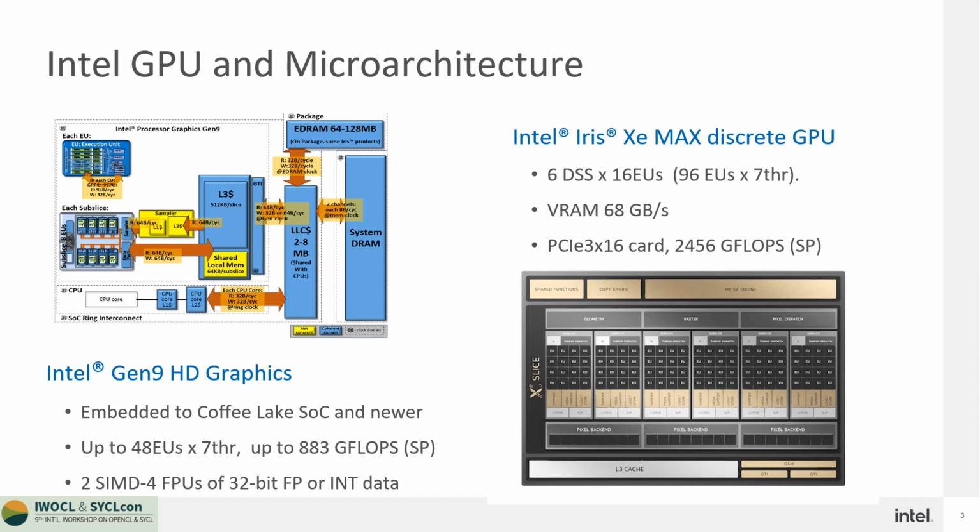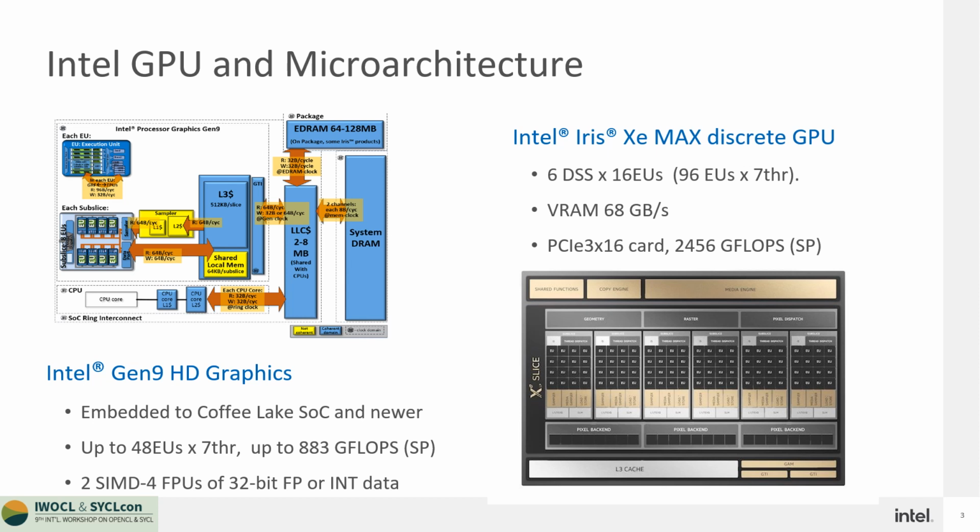A quick observation on Intel GPUs which are available on the market so far. First of all, it's embedded Gen 9 graphics, which goes along with the Coffee Lake processor and later. It has up to 48 execution units, each has up to 7 threads, and each EU can execute up to 2 SIMD4 instructions, either 32-bit floating point or integer data.